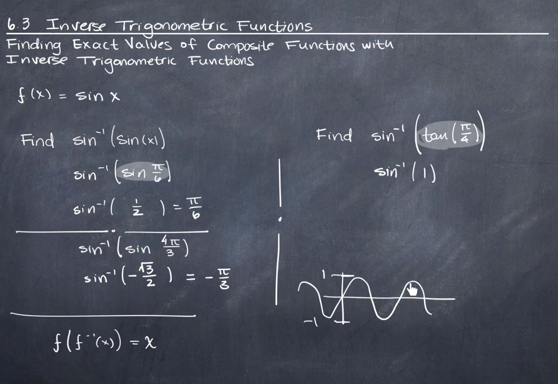Well, there's one there, and there's one there, and there's one back here, and in fact, there's an infinite number of them. However, we are restricted to working between negative pi over 2 and pi over 2, because we're working with sine inverse here. We're restricted to this part of the graph, this part of the domain. So where in this stretch is the y value 1? It's right here. What's the x value that gives you that? It's pi over 2.